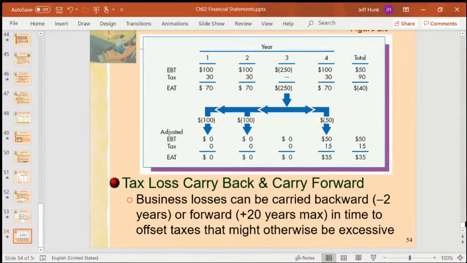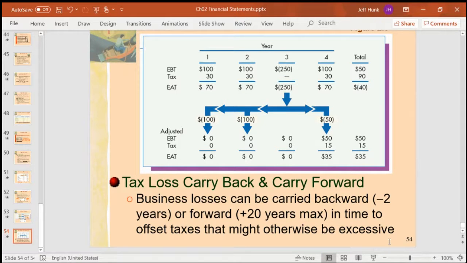And in that case the company ends up with a net loss. If you end up with a net loss, business losses can be carried backward 2 years, or forward 20 years max, to offset taxes that might otherwise be excessive.